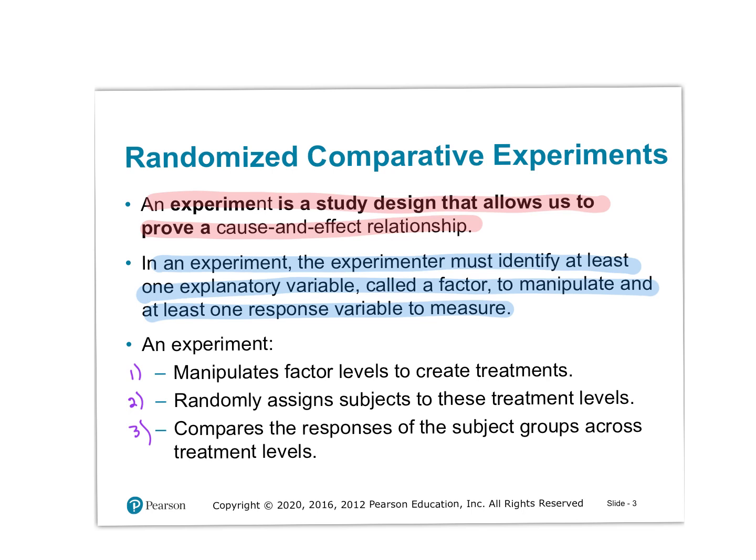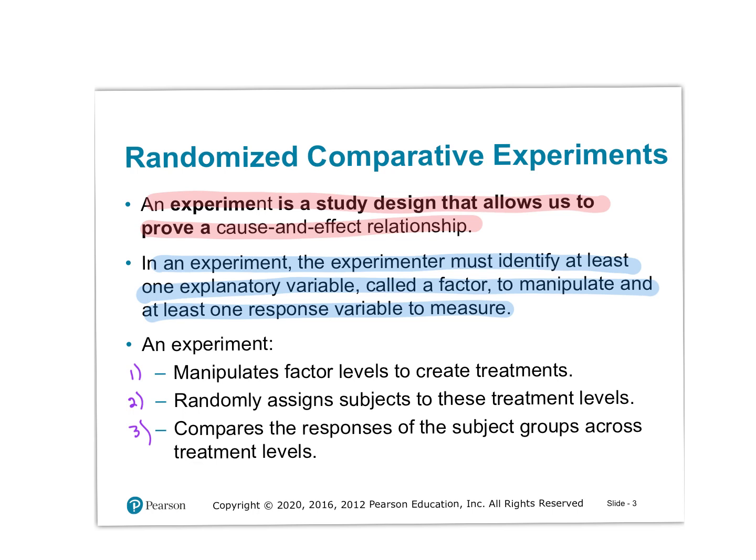So some clear-cut things that you need to know about if you're looking at an experiment. Notice what it says there. Number one, manipulates factor levels to create treatments. We're going to talk about the different treatments in just a second. You have to randomly assign subjects to those treatments. That's an important part of it also. And then we have to be able to make comparisons at the end.